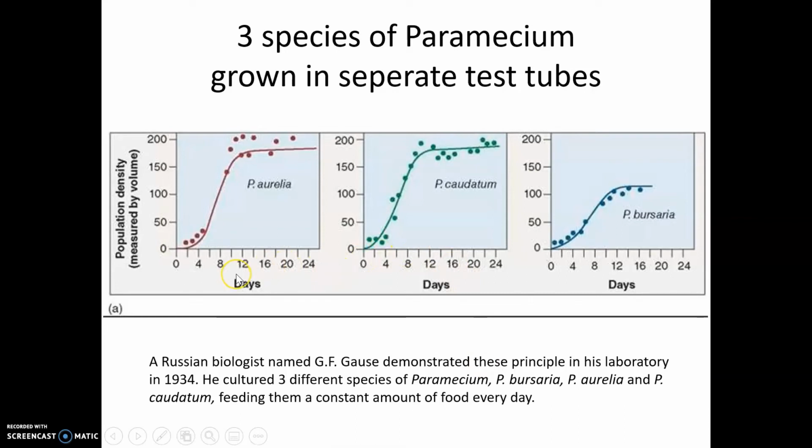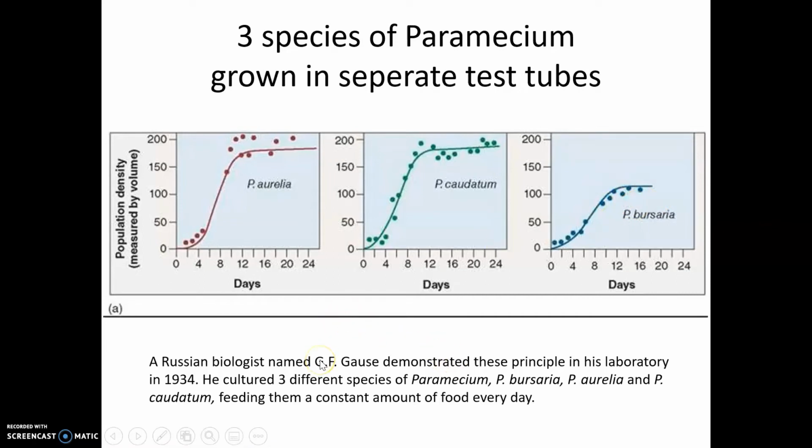So this is a graph showing what happens with the size of the population for 3 different species of paramecium if they are grown in their own test tube, right? So this species grown in its own test tube would grow to this population size, and this other species, if it's grown alone, would reach this population size, and the Bursaria over here would reach approximately this population size.